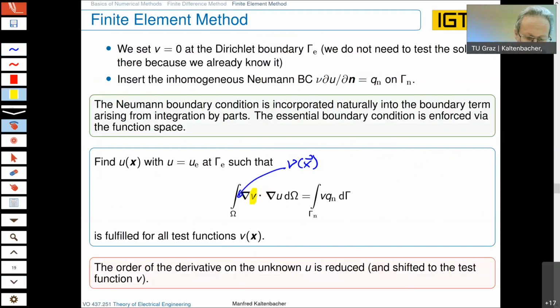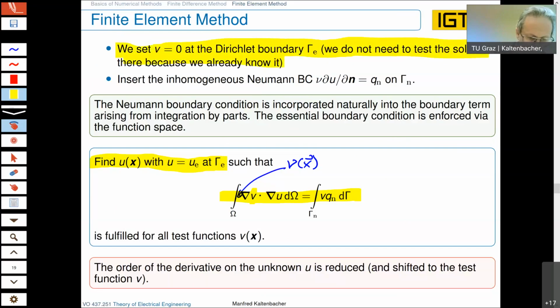And here you see that we now look for a solution which still has to fulfill this Dirichlet boundary condition and this whole integral equation we have here. And what do we have gained? First of all, since we already know our boundary condition, the Dirichlet boundary condition, we set the test function V at the Dirichlet boundary to 0.